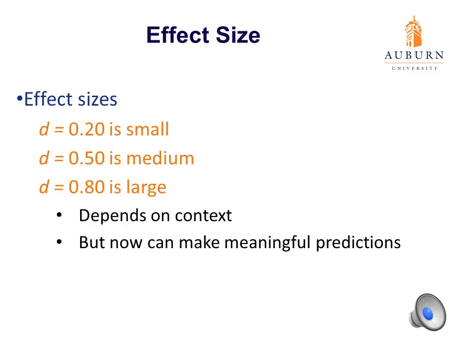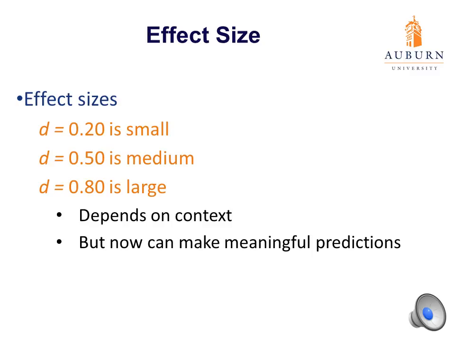So when you're looking at your effect size, calculate the category that is closest to your effect size. So they're not cutoffs. Go with the one that is closest. So in this case, 0.33 is closer to 0.2 than it is to 0.5, and so we would say that this is a small effect.